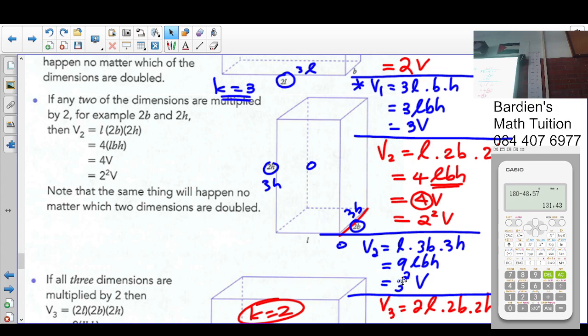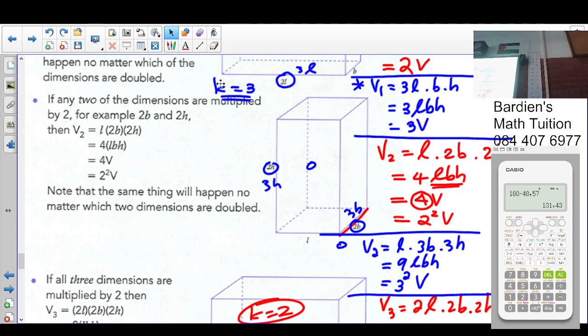K squared. So the rule is, if one side is enlarged by a K factor, it's going to be the volume times K. If two sides are enlarged by K factor, it will be K squared. If three sides are enlarged by K factor, it will be K cubed.